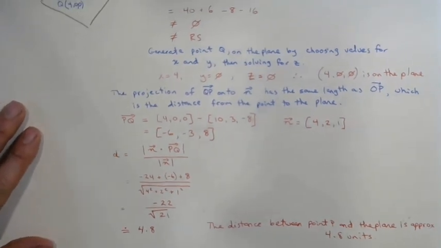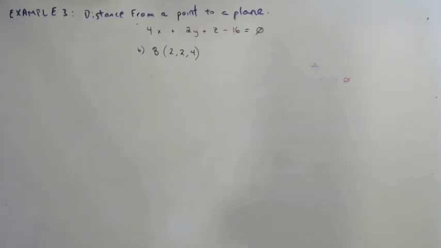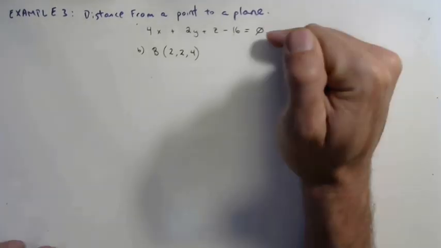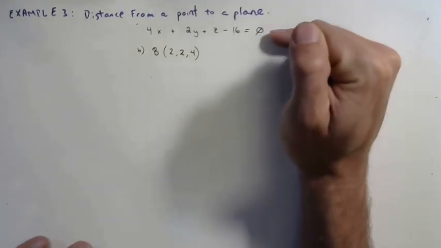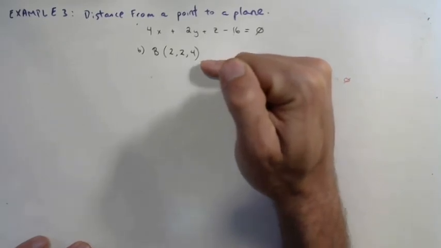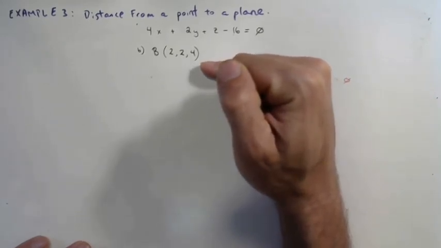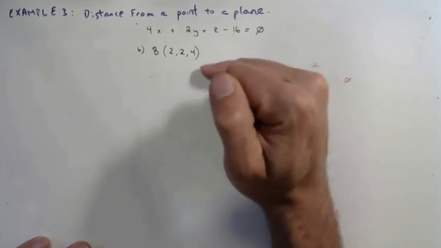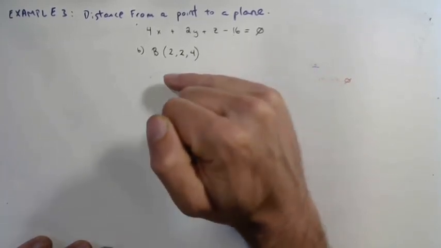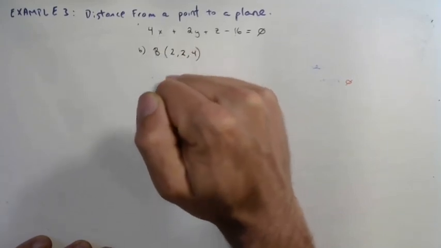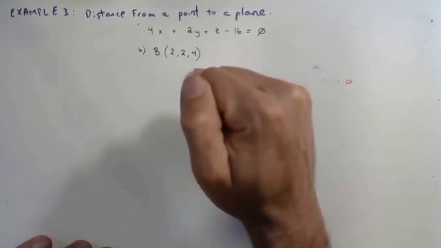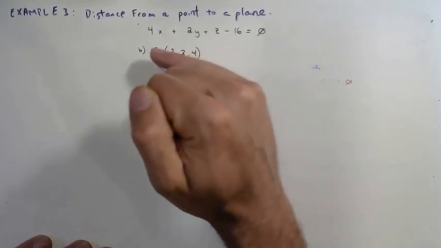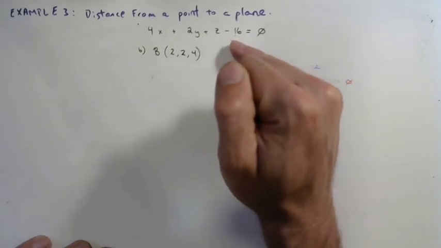In example 3b, we have the same plane that we had in the first example. This time we have a different point. And again, your first step is to check whether or not this point is on the plane. When you sub in left side, right side, you'll sub in 2 for x, 2 for y, 4 for z. You'll find that this equals 16 take away 16 equals 0.